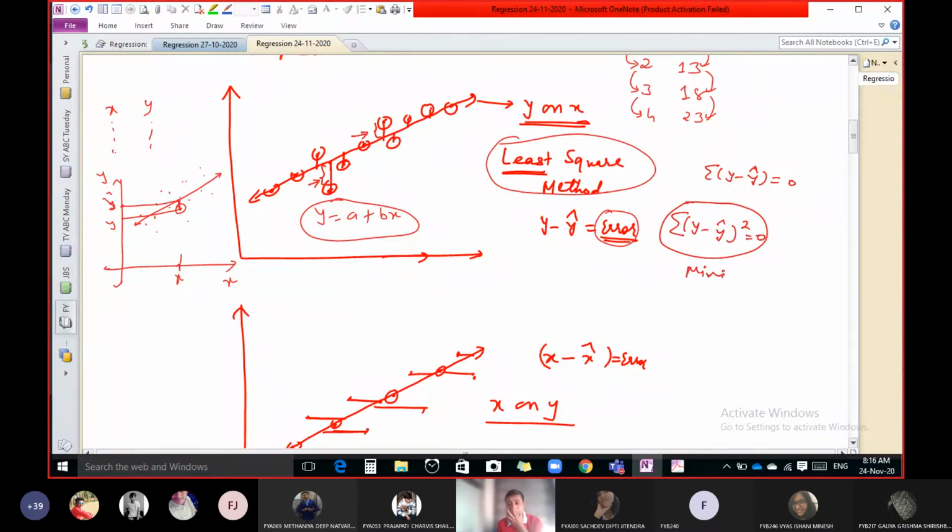Now can you tell me when we get this total 0? The total of y minus y cap the whole square, we have different values and if we add we get 0. Can you tell me when this type of situation is possible?